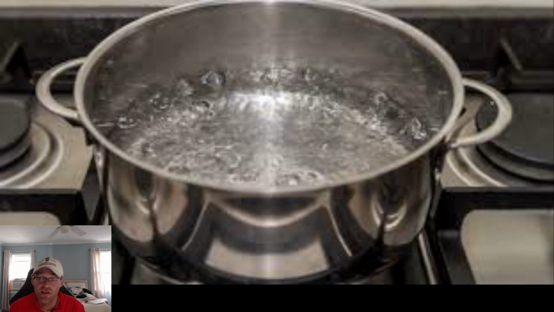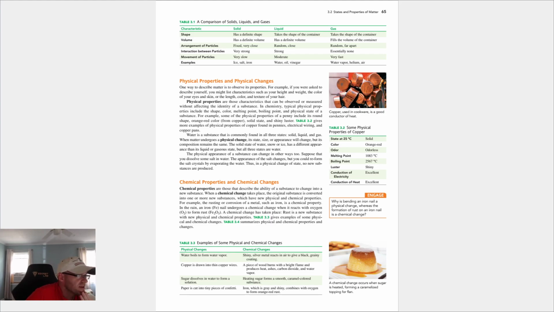And if I freeze water, then the liquid becomes a solid. So these are some of the physical properties. When we go back to your text, physical properties might be the color, shape, melting point, boiling point, physical state, which is what I just mentioned.